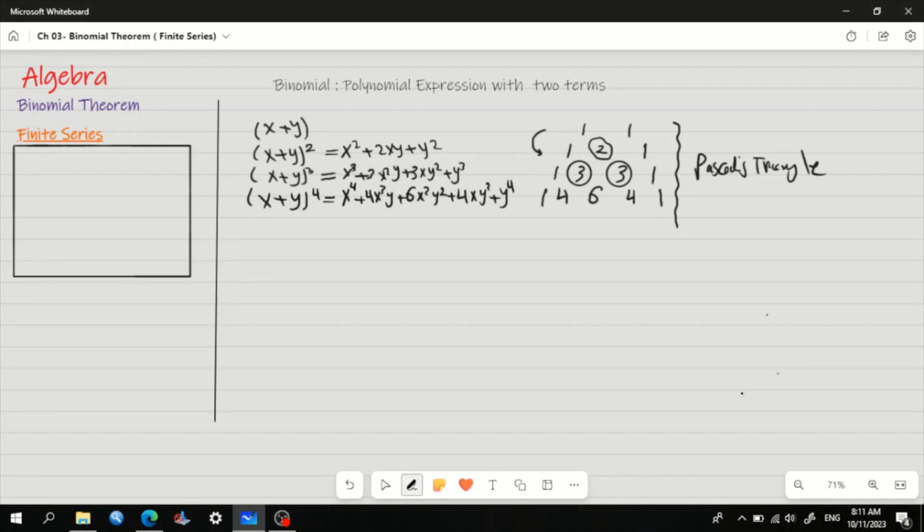Okay, and here if we need to continue to power 5, here 1, 5, 10, 10, 5, 1. Here I can continue to any positive power up to n. Okay, and let me generalize that.